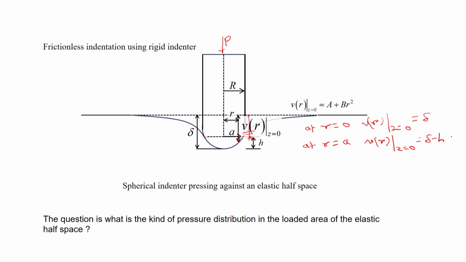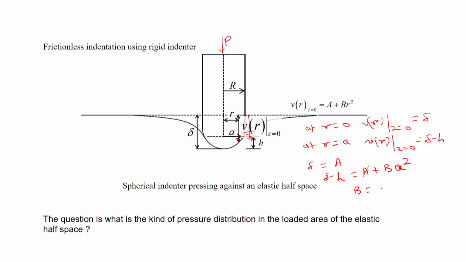If we substitute, at r = 0, delta is equal to A, and at r = a, delta minus h is equal to A plus B a². Since A is equal to delta, it cancels, and with r = a we get a².